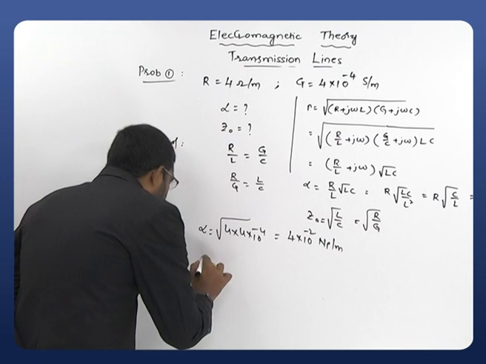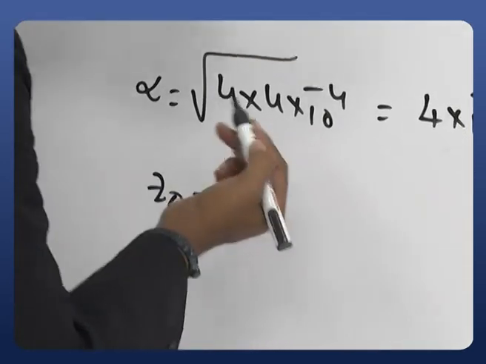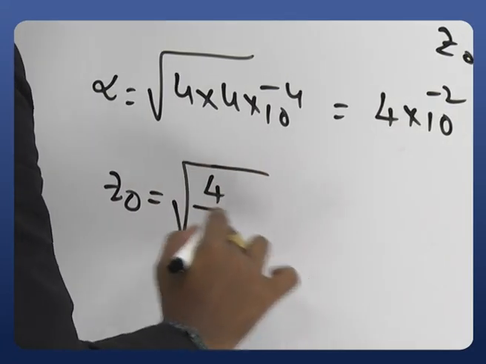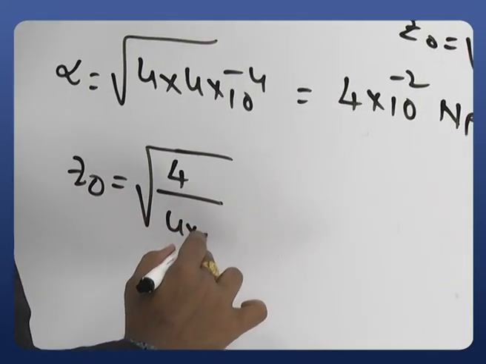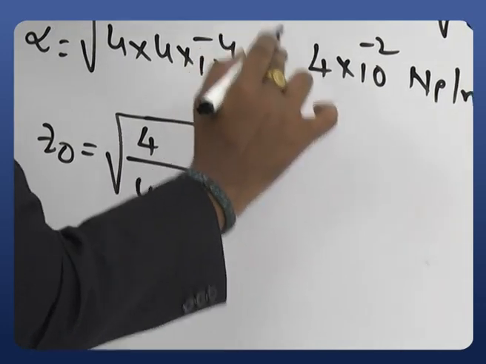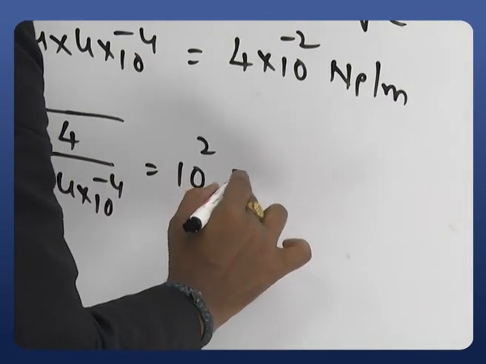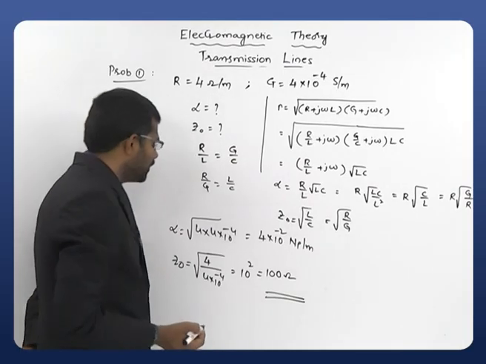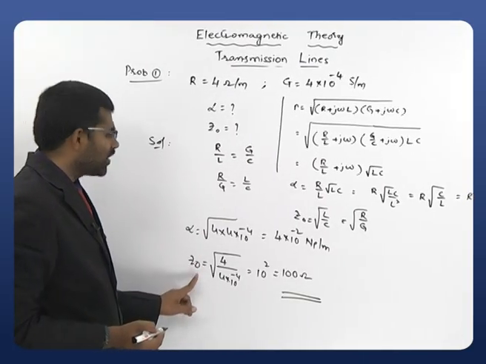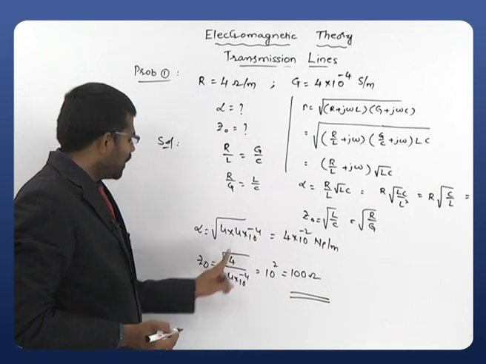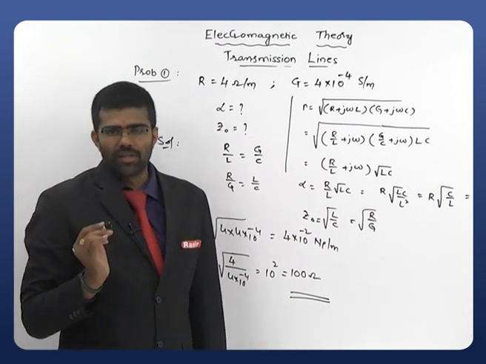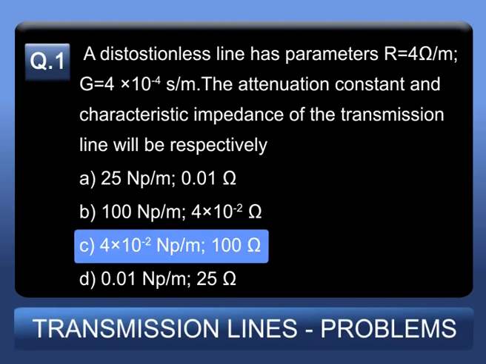And Z naught is equal to root R by G. What is R here? 4, divided by G, 4 into 10 power minus 4, which gives 100 ohms. So easily you can obtain these two parameters alpha and Z naught. Wherever these two values are available in the options, put a tick mark or bubble it. This is the answer for our problem.